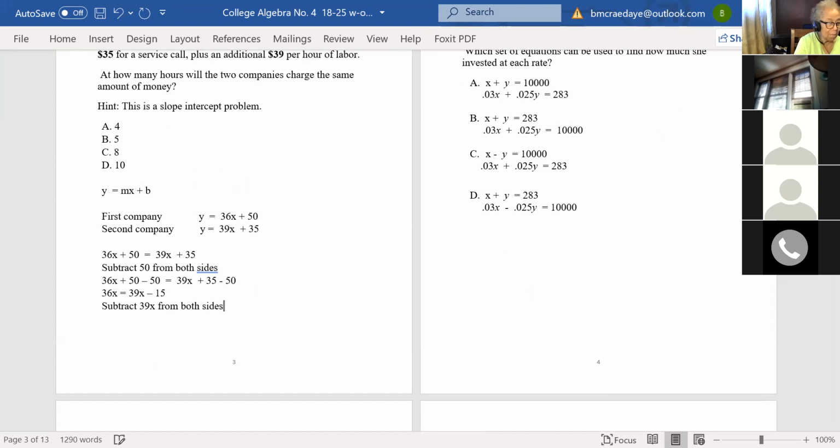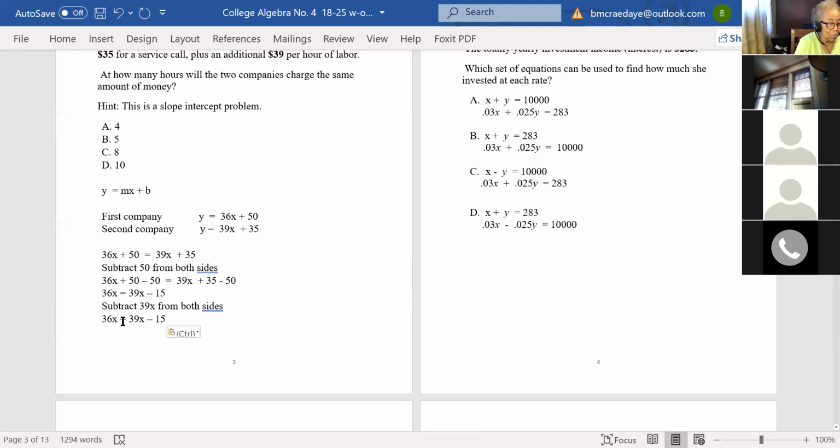Yes, because I want to have just that minus 15 left, and I want to get those x terms together. So subtract the 39x from both sides, so that's minus 39x on the right side.